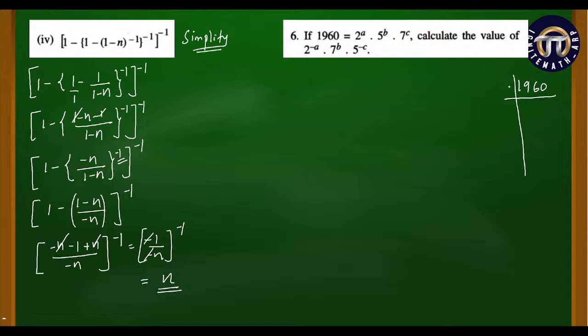When I prime factorize 1960, 2, since it is easily divisible by 2 because it's an even number. So 2 9s are 18, 2 8s are 16, 2 0s are 0, then 2 4s are 8, 2 9s are 18, 2 0s are 0, again 2 2s are 4, 2 4s are 8, 2 5s are 10. Since it is an odd number, not possible to divide by 2.